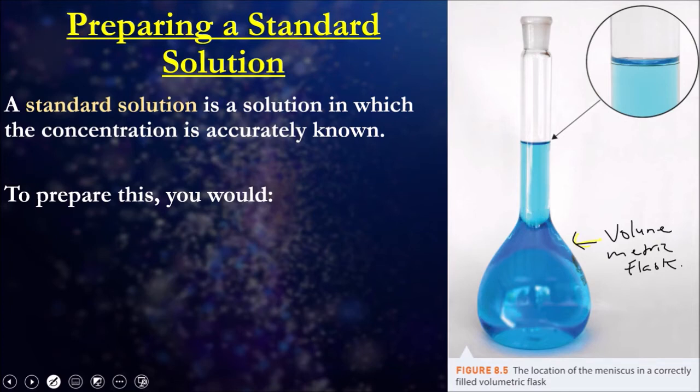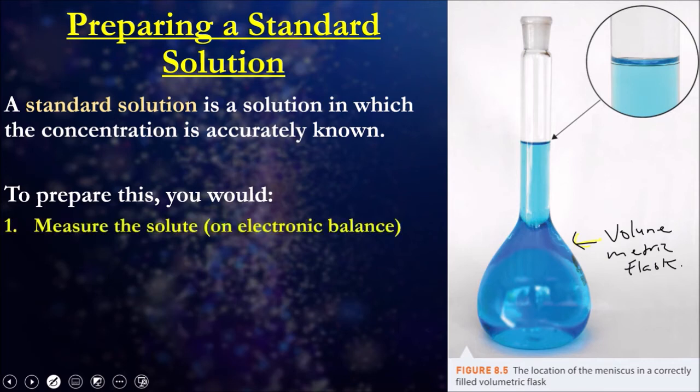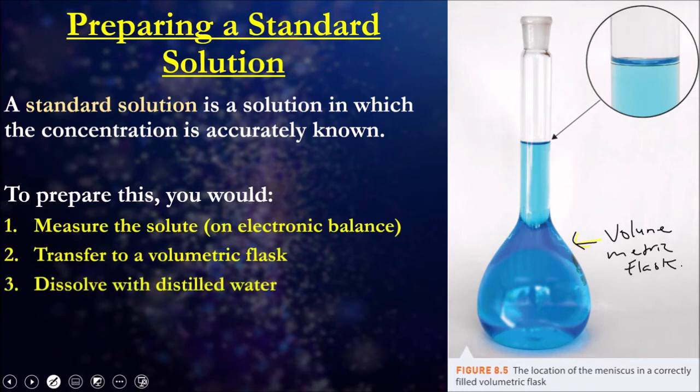To make a standard solution, an accurate concentration of any solute, you measure the solute on an electronic balance, transfer that onto your volumetric flask, dissolve it with distilled water, and then fill it to the marked line.